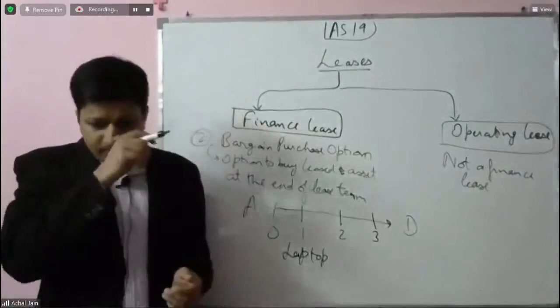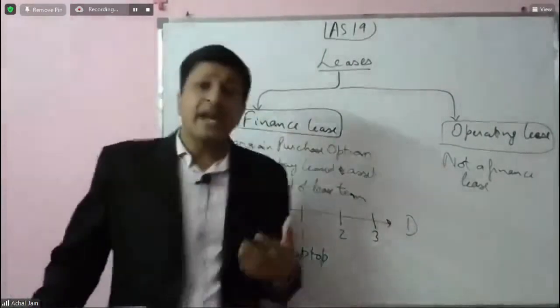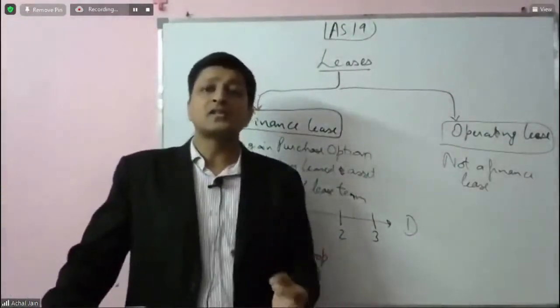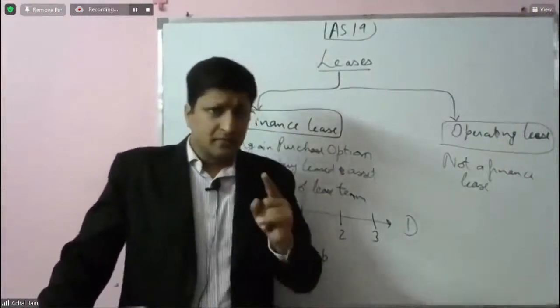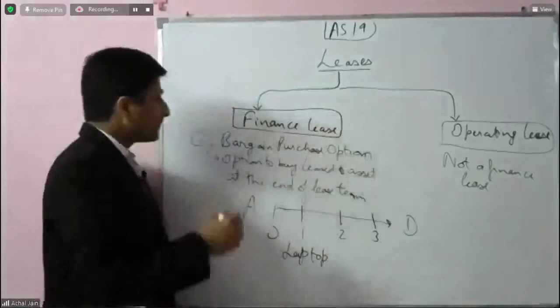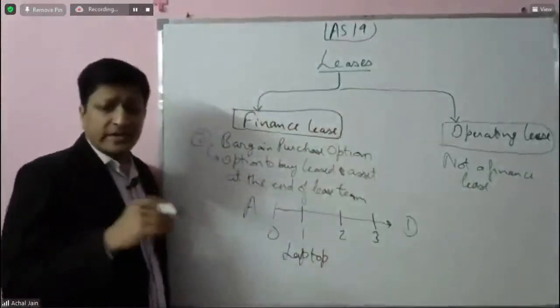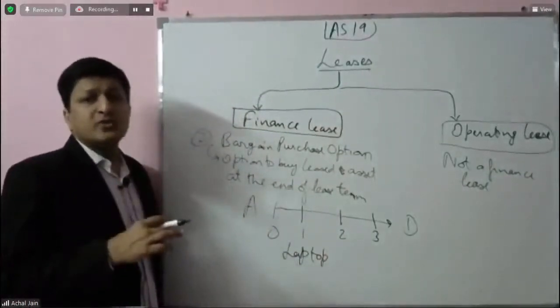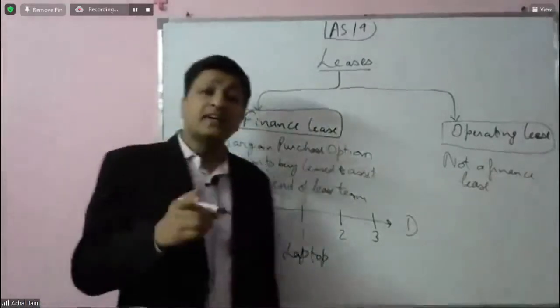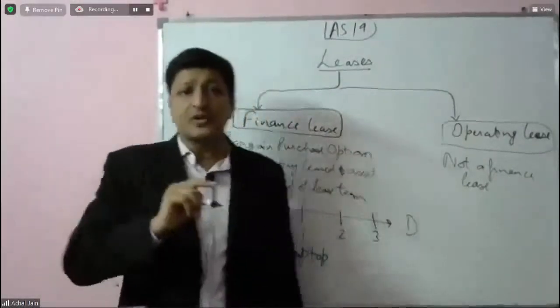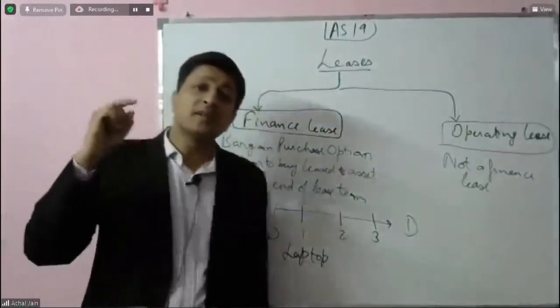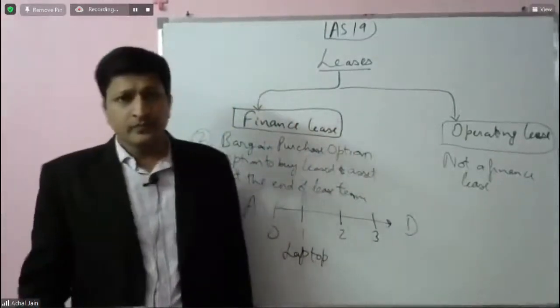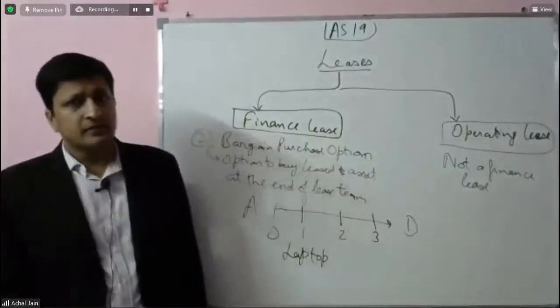Once again, that the risks and rewards have been transferred to D at the very beginning. And please remember that all of these indicators we have been discussing, when do we need to check them? At the time of inception of the lease. We will not check them at the end of the lease term. No. At the time of inception of the lease. Okay. Clear? Yeah.